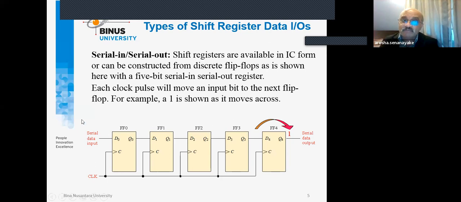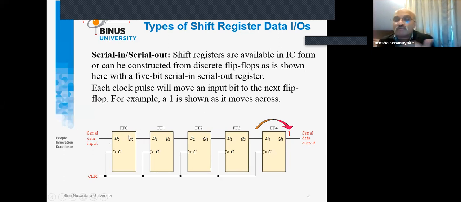But at the same time, the diagram shows only one bit really moving, but that is not really necessary when it comes to serial data input. So subsequent data will be in the pipeline. After one moves here, 0 might be here. So then with the moment one moves, from the second clock cycle, 0 will be moved to the output.